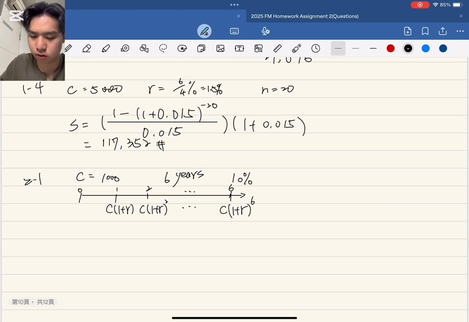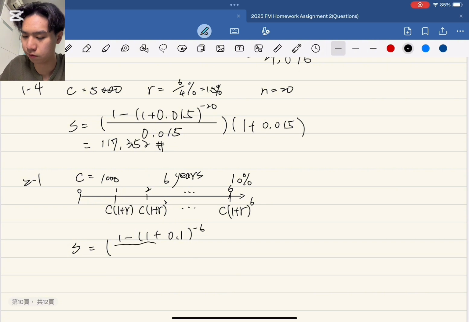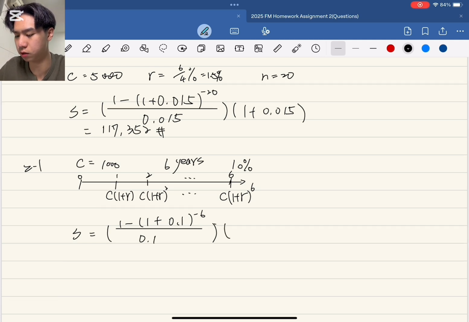Summation of each year we can receive the money: 1 minus 1 plus interest rate 10%, very high, raised to minus 6 years, 6 times we can receive the money, divided by interest rate 0.1, and multiplied by 1 plus interest rate 0.1.